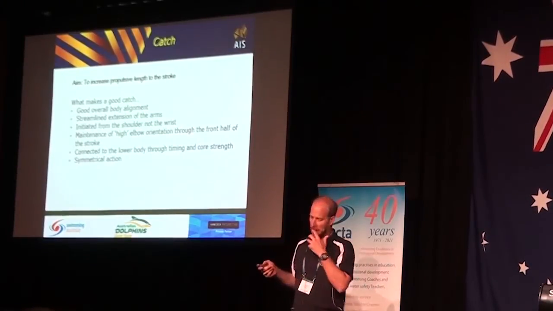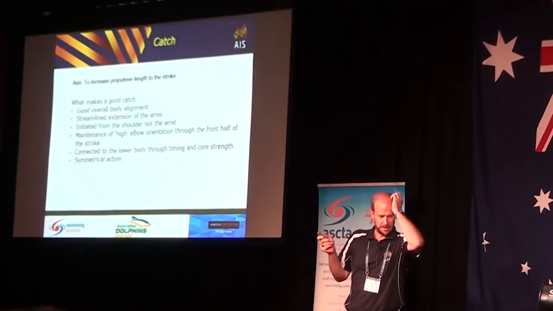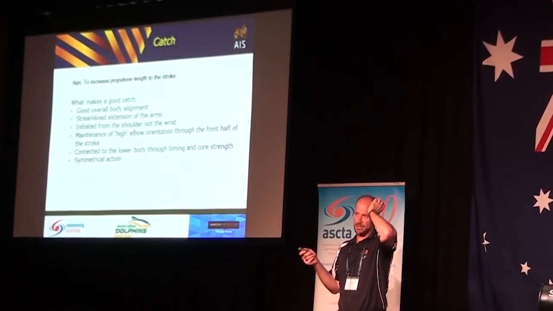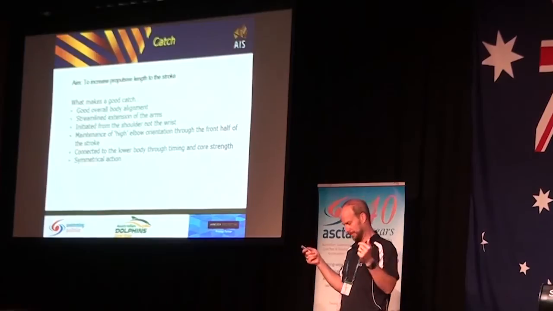And symmetrical. This is another biggie, largely across all strokes. But we want to try to be as even side to side as we can. Fundamentally, that comes back to that constant velocity idea. Okay? If you have one side that's stronger than the other, you're going to tend to have a big speed up, slow down within your stroke that's bigger than it could be if you were more balanced.